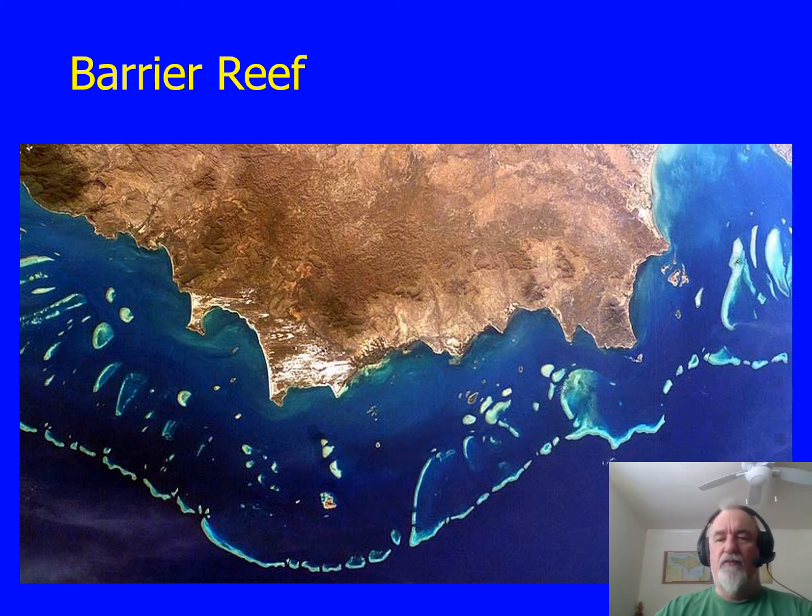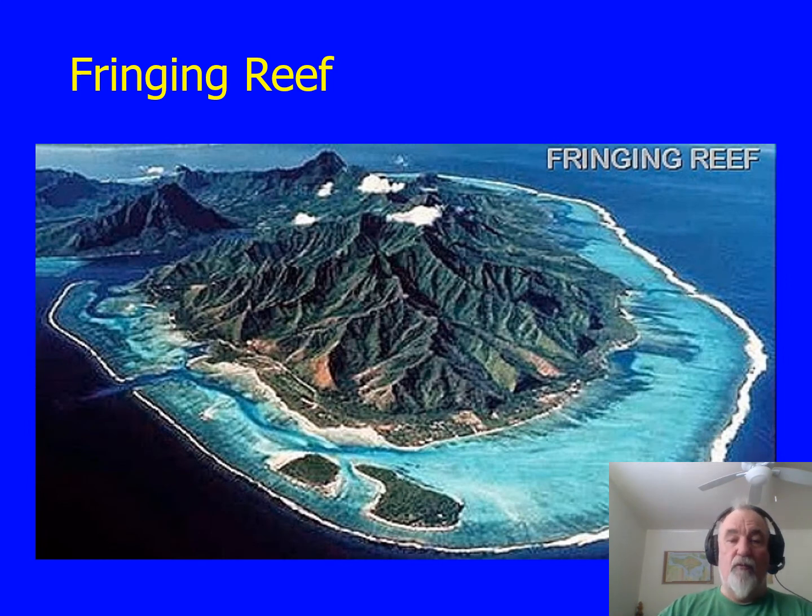But reefs come in three main varieties: barrier reefs and fringing reefs. Here we can see that we've got a reef around the edge, or fringe, of a land surface. Yes, it has a lagoon, but the lagoon is pretty shallow, on the order of feet.